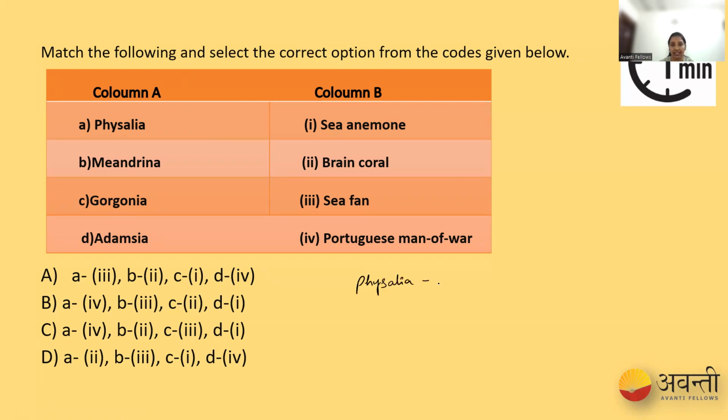So Physalia is known as the Portuguese man of war. Meandrina is known as the brain coral.